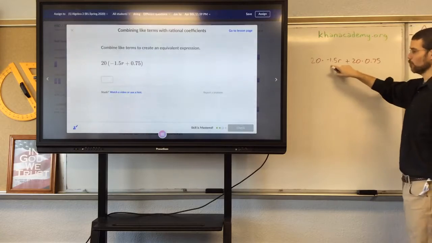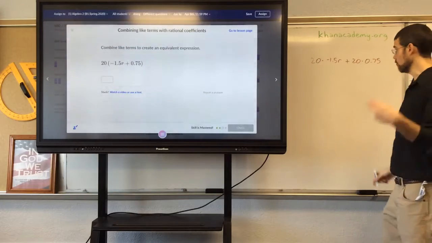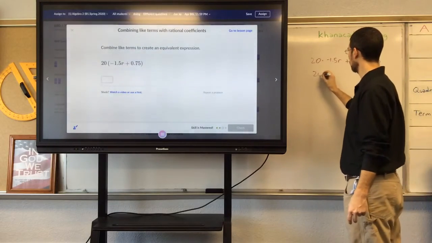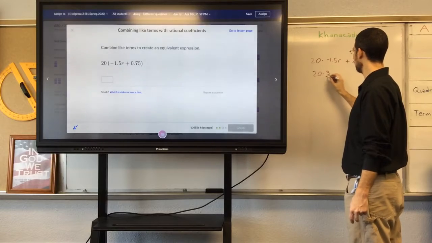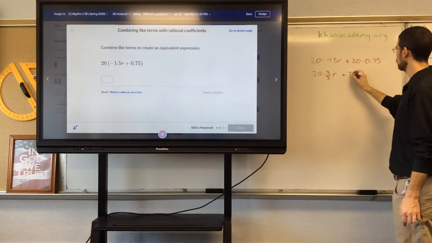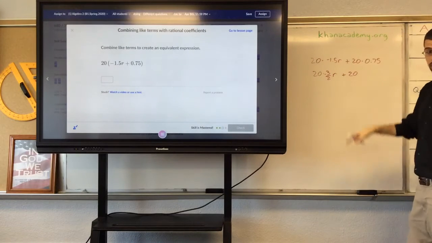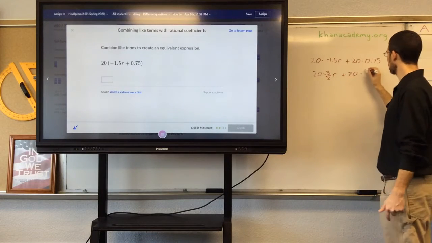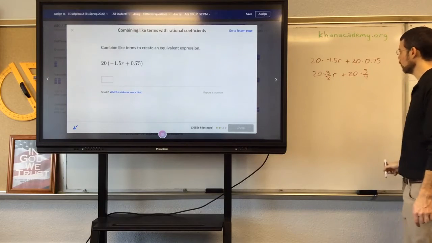Now, 1.5 is a rational number. That's 3 divided by 2. So 20 times negative 3 halves r, and 20 times 0.75 is 3/4, also a rational number.